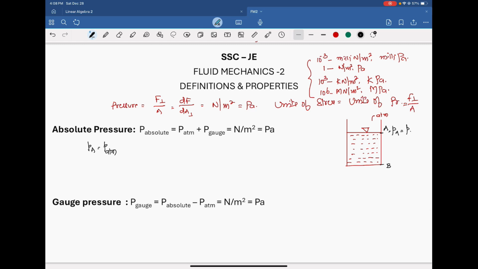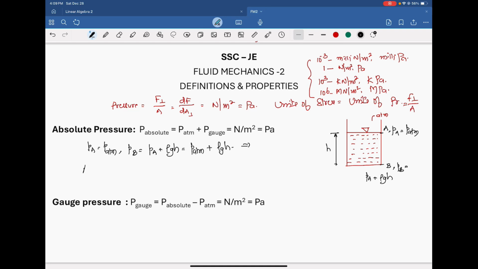PA is equal to P atmosphere. Pressure at B is equal to pressure at A plus rho g h. We have already seen how we got it. Pressure at B is equal to PA plus rho g h, that is equal to P atmosphere plus rho g h.